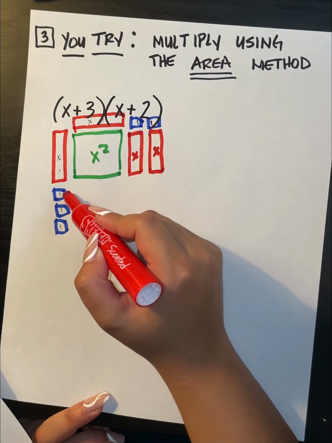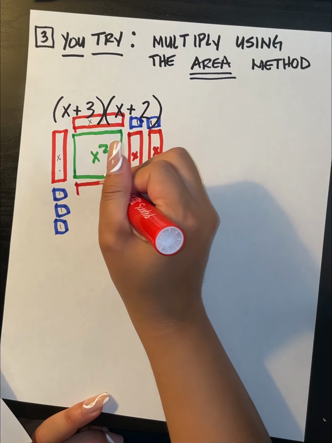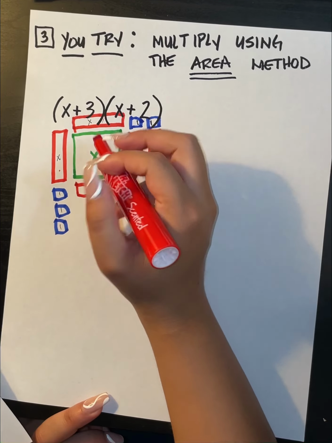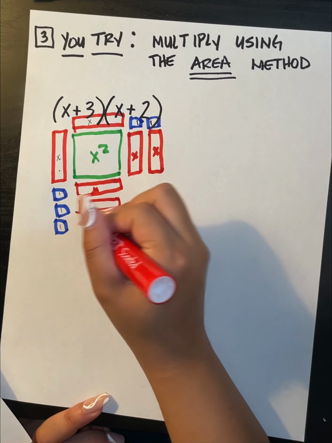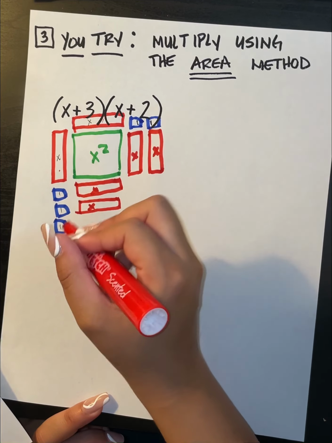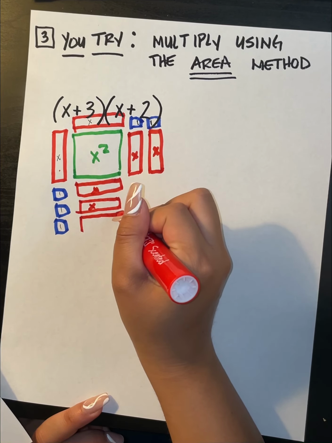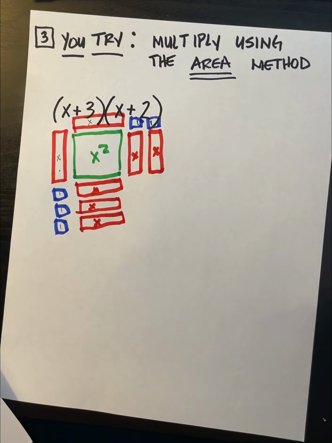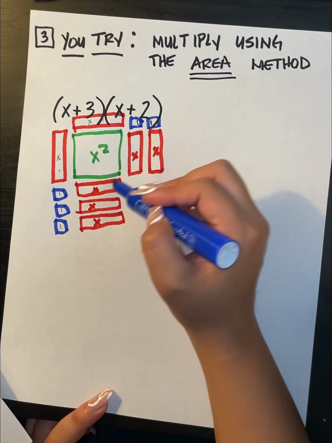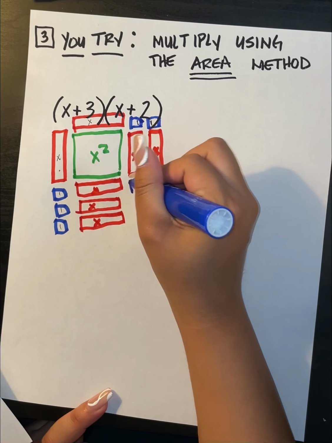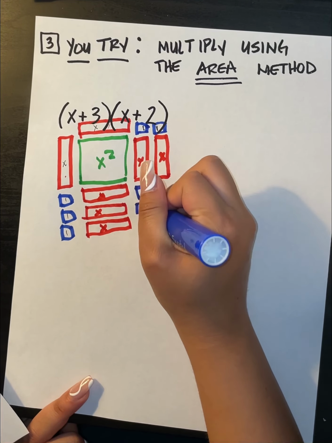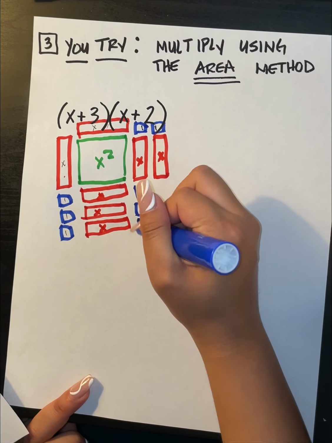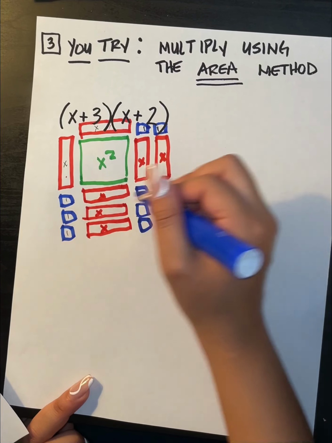And we have more x times 1's. And then now we have 1 times 1, 1 times 1, 1 times 1, and then the same for this last row.